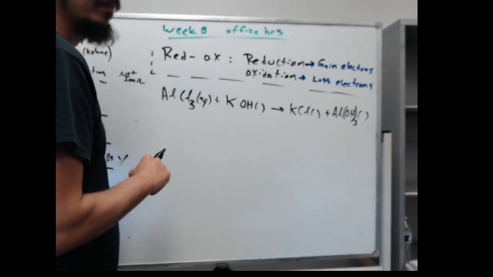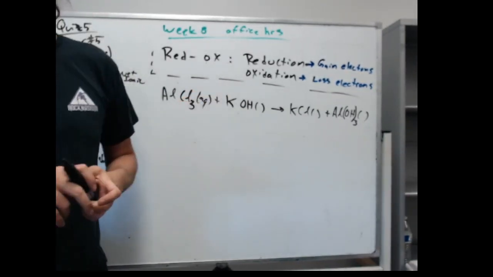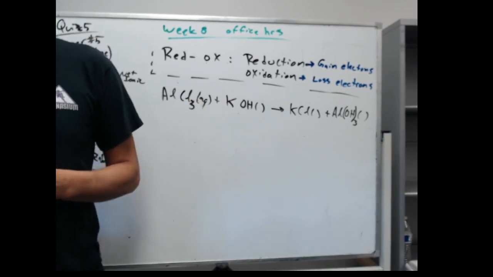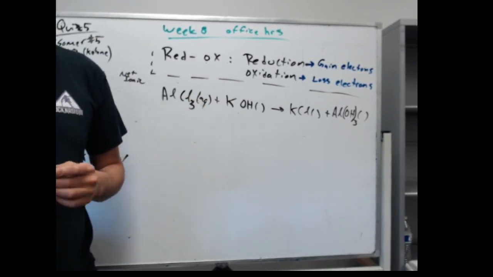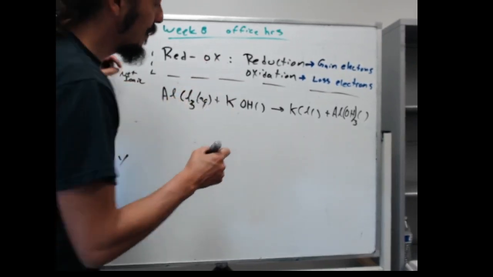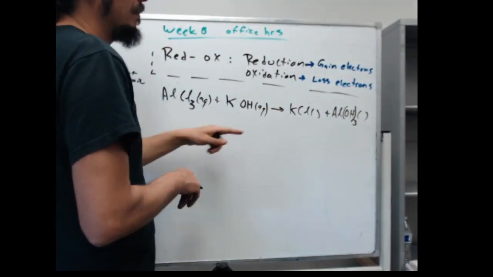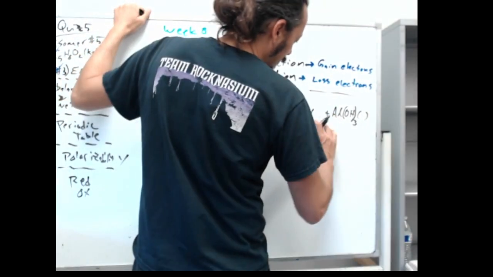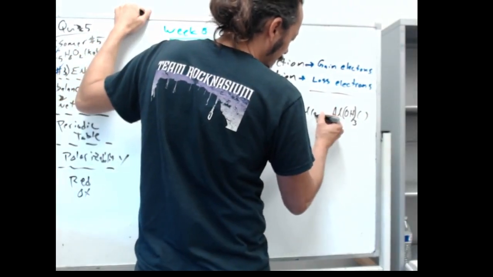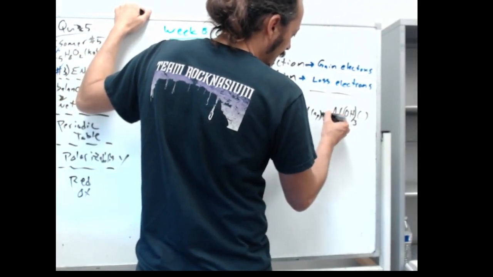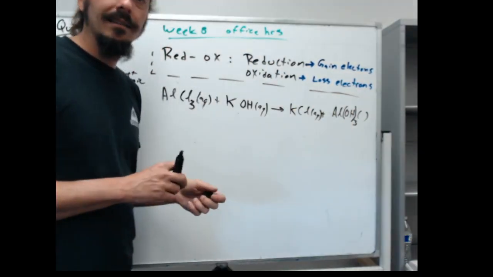Aluminum's not one of them. Hydroxide compounds, generally insoluble, except with K, except for with that first row, first column. So that's going to be aqueous as well. Potassium chloride, we just said potassium compounds are usually soluble, so that's going to be aqueous. And then aluminum hydroxide.